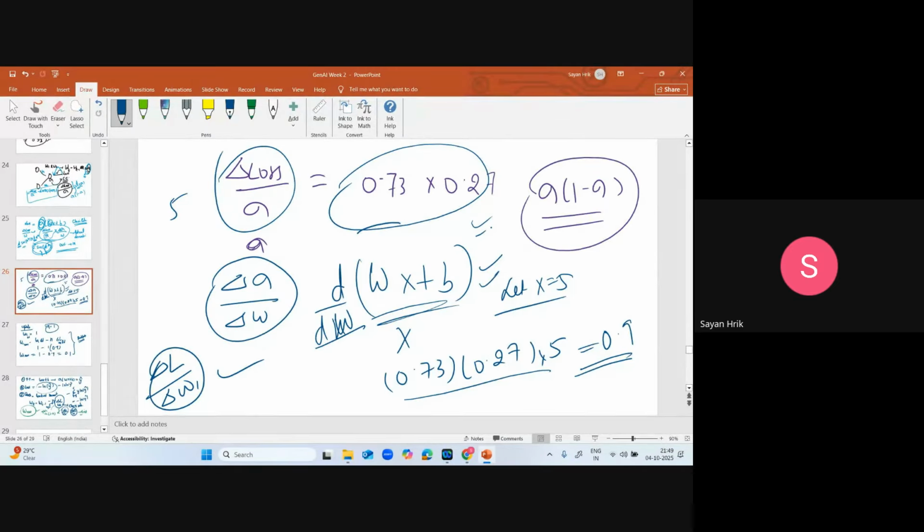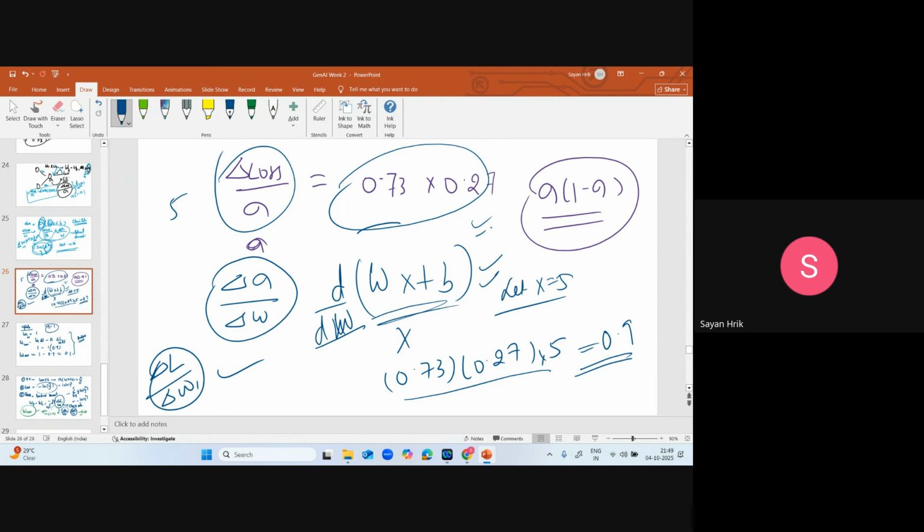Sir, one doubt. If the loss function is log of sigmoid, the derivative should be 1 by sigmoid, right?